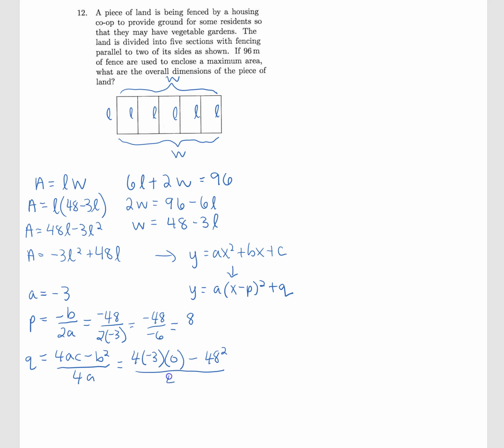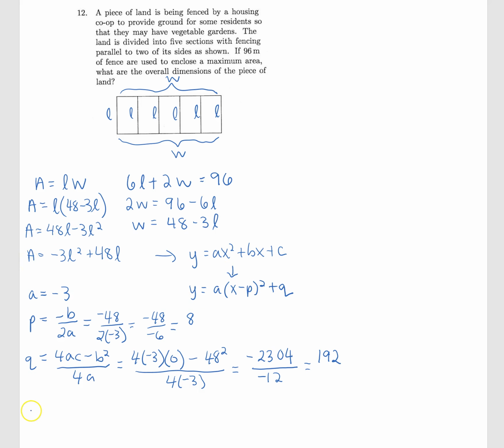And that is over 4 times -3. So this term here evaluates out to 0. 48 squared is 2,304. That's going to be negative. And that is over 4 times -3, which is -12. So 2,304 divided by 12 is 192.